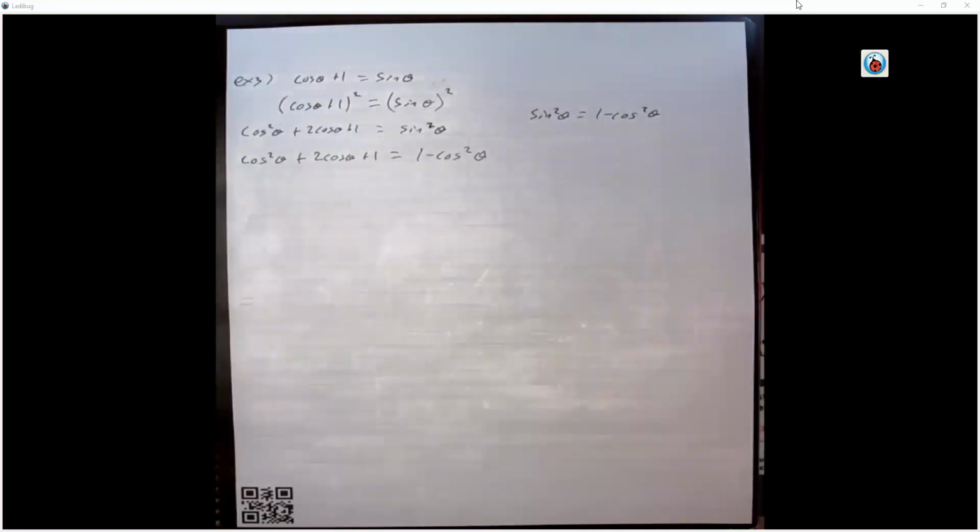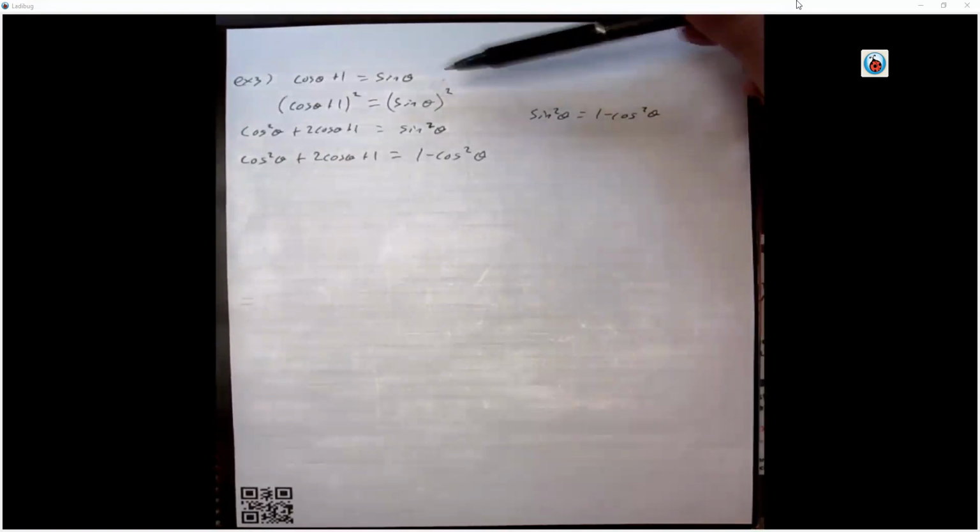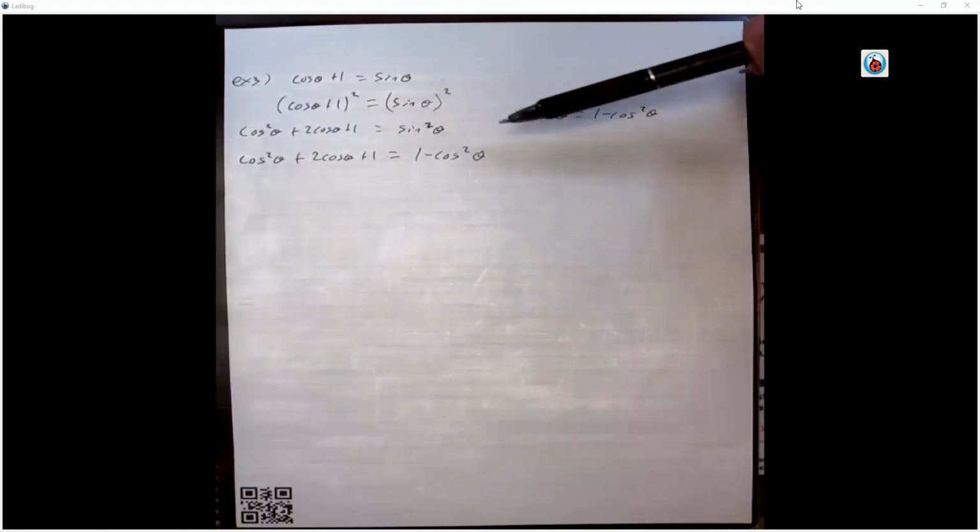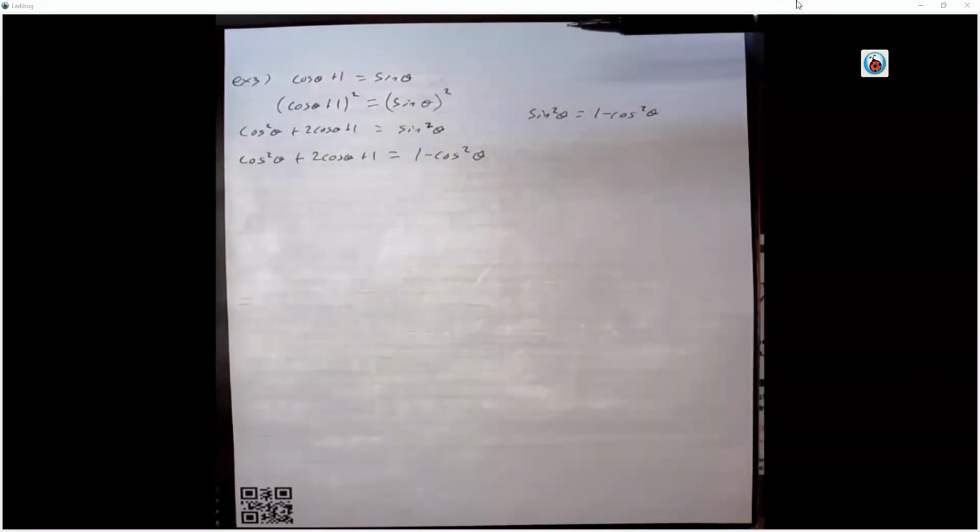Sometimes you would get solutions that are not true, because when you're squaring something, you're adding extra stuff that was not there. So that means you're going to get extra solutions that don't belong. The math book calls those erroneous solutions. Whenever you square both sides, you're basically creating a new problem that didn't exist to begin with.